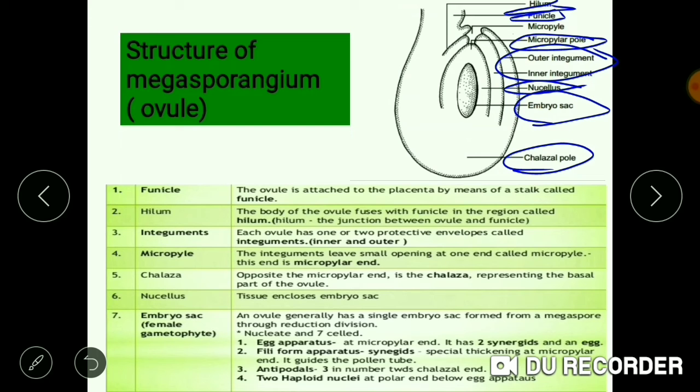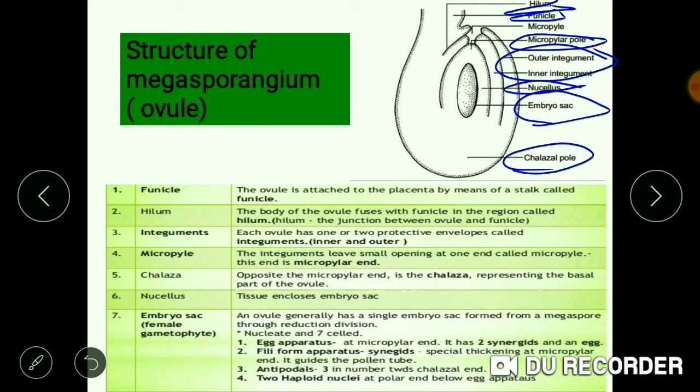So we talked about funicle, which is that part through which the ovule is attached with the placenta. Hilum is that part of the ovule through which the ovule is attached with the funicle. Micropyle is a small pore through which the pollen tube enters, and that end is known as micropylar end. The integuments are the outer envelopes which protect the embryo sac.